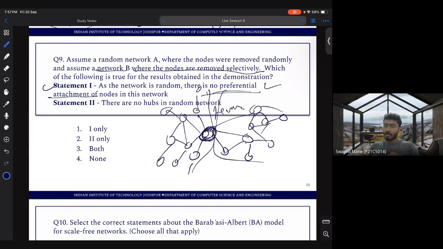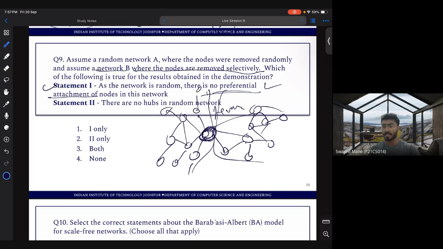While you are removing some nodes from the real-world network, we applied two methods: randomly removing nodes and selectively removing nodes. In the random method, we directly remove nodes randomly, and we find at which step we get a disconnected graph.